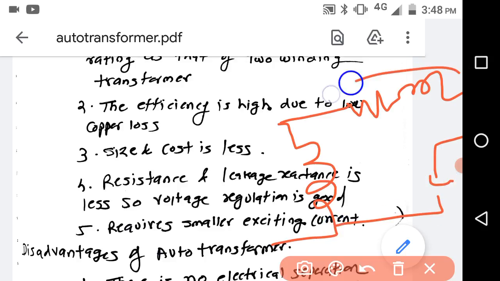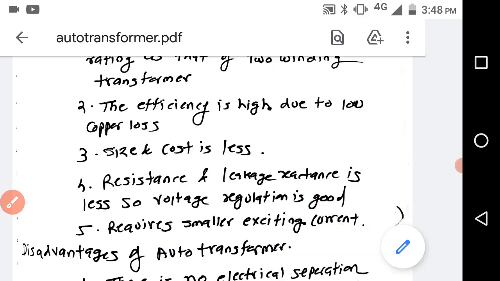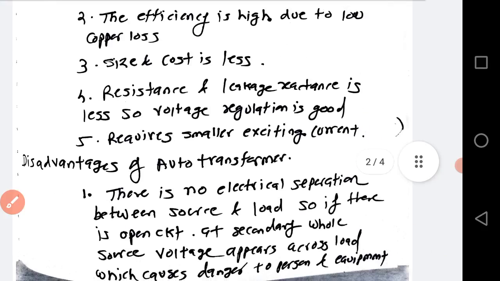So if this is less, then the whole voltage will go to the load, and voltage regulation will be good, because voltage regulation is good when the total secondary voltage goes to the load. And if copper winding is less, then reactance is less, so the series drop will be less. Also, it requires a smaller exciting current.